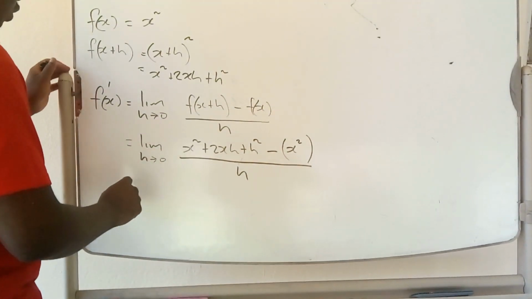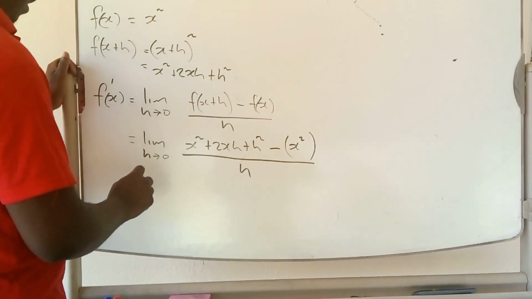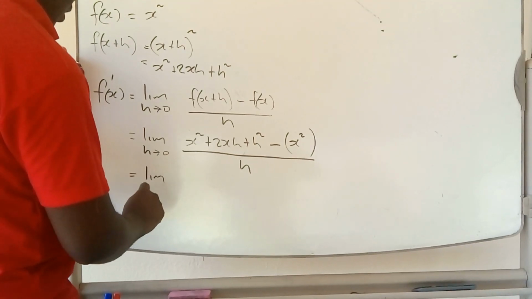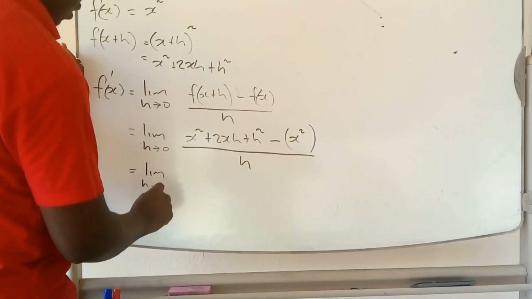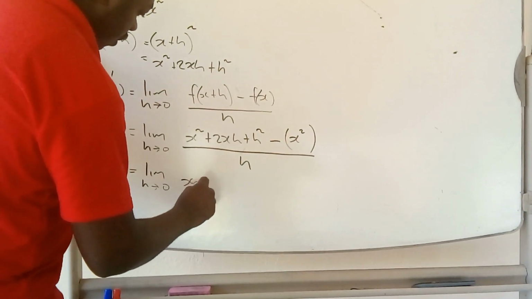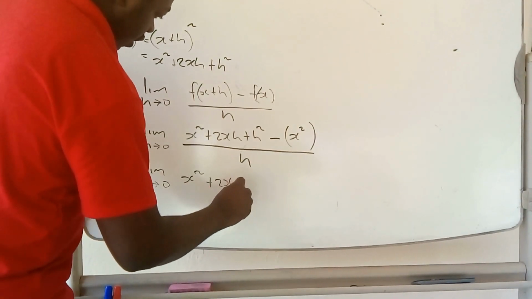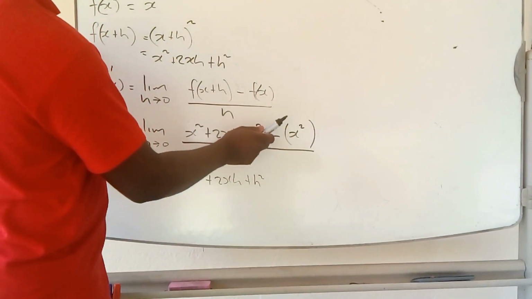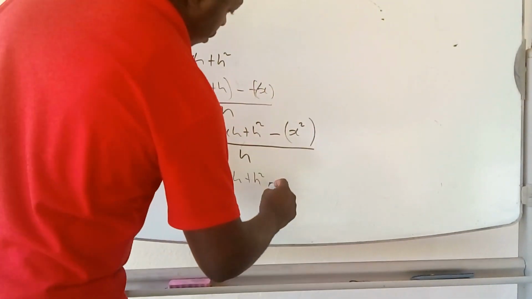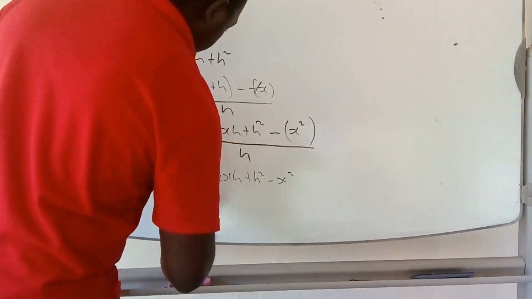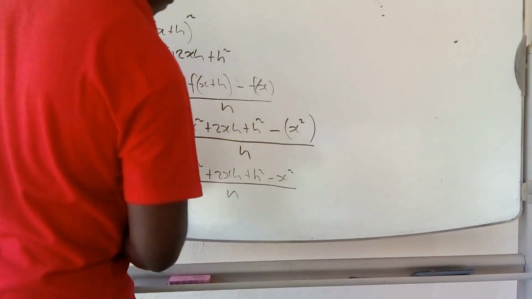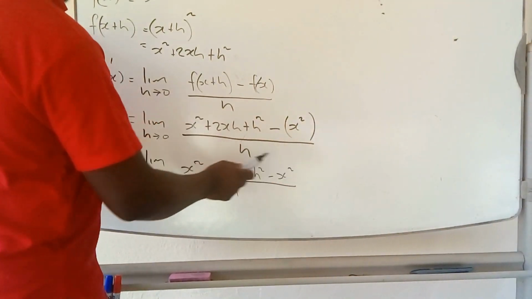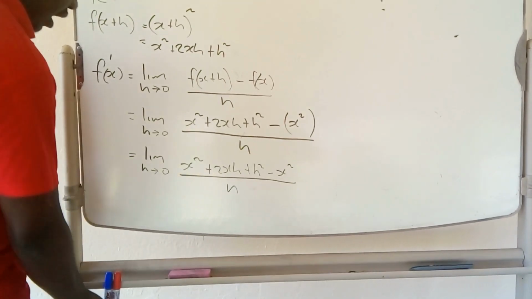So what you're going to do is to see the derivative of f of x as the limit as h approaches 0 of x squared plus 2xh plus h squared. Distribute this minus to this x squared, this becomes minus x squared, all of that over h, right? We have a positive x squared here and a negative x squared, that means those two can cancel out each other.